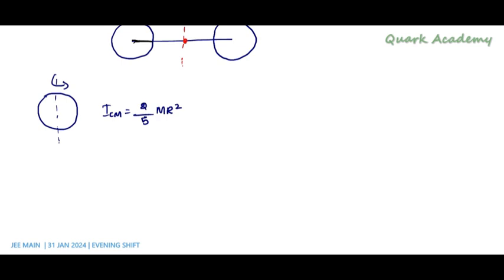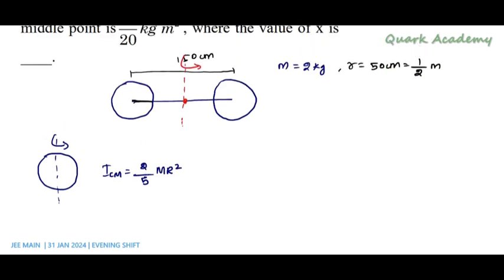Now we want to find the moment of inertia about this axis. Let's consider this axis is d distance away from the axis passing through the center of mass. So we can use the parallel axis theorem and say that the moment of inertia is I CM plus m d squared.